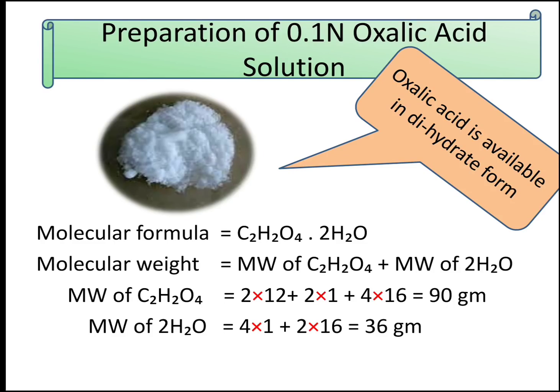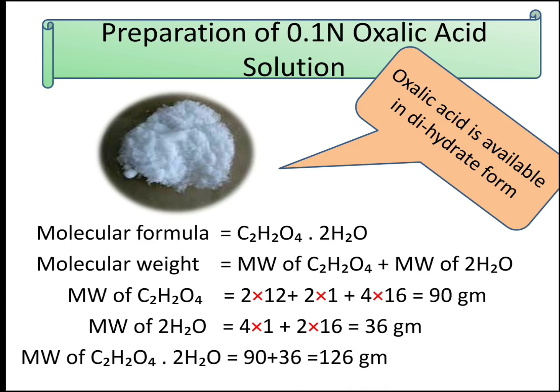Now we can easily calculate the molecular mass of the dihydrate form by adding these two values, and we get 126 gram. Means dihydrate oxalic acid has a molecular mass of 126 gram.